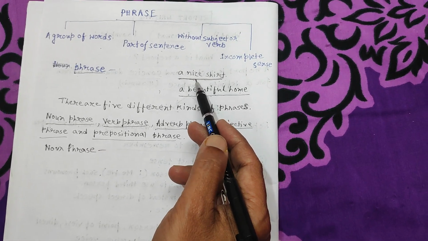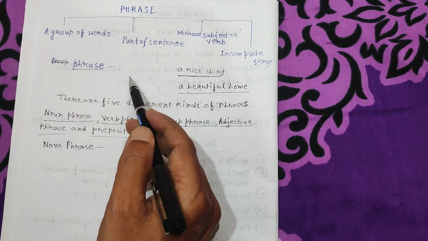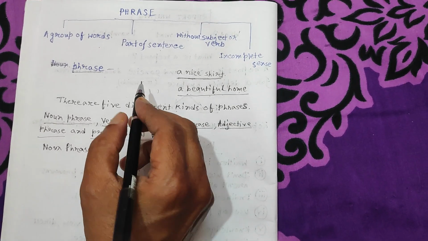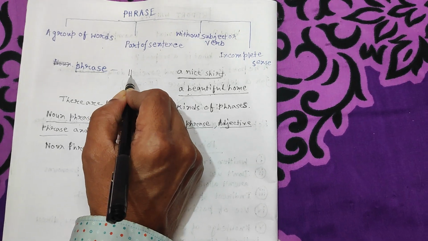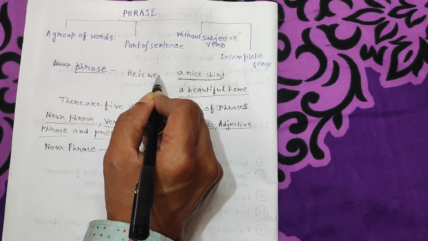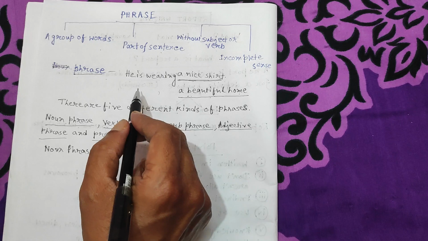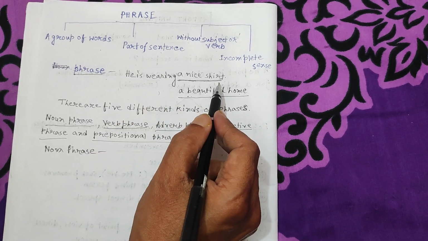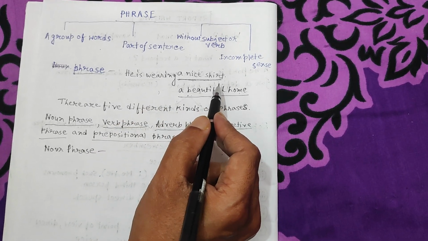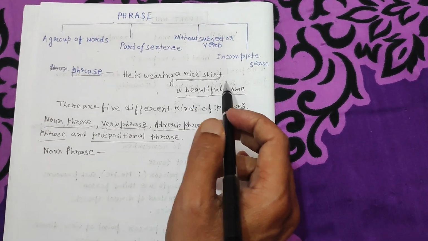Now, if I add this group of words with another group of words, suppose he is wearing a nice shirt. So, let me use this group of words in a sentence.